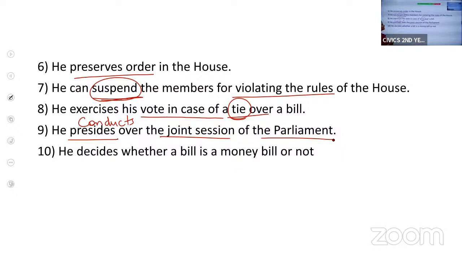Then the joint session of the parliament is arranged by the president, and that joint session is presided by the Speaker of Lok Sabha. And it is the Speaker who decides whether the bill is a money bill or an ordinary bill. It is a power of the Speaker to decide whether it is a money bill or an ordinary bill.